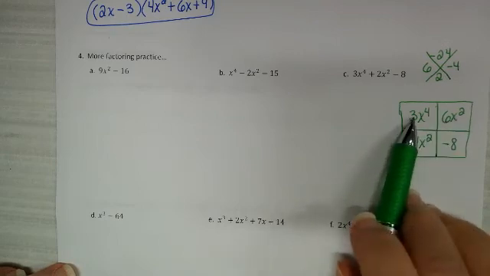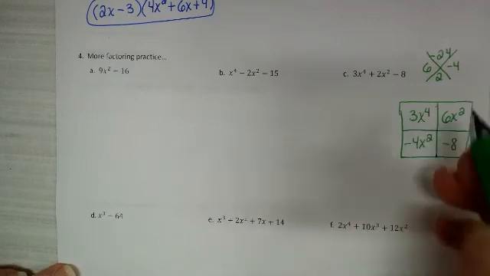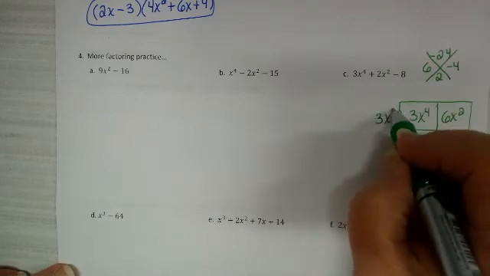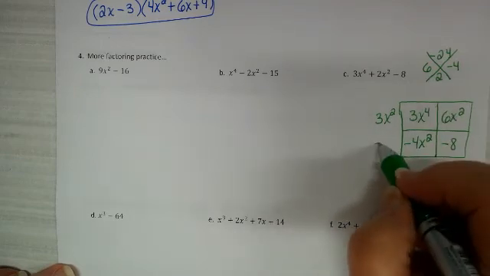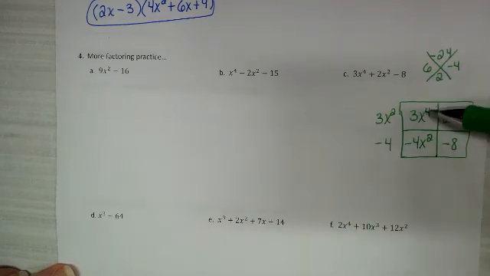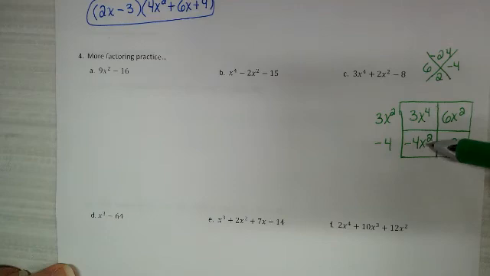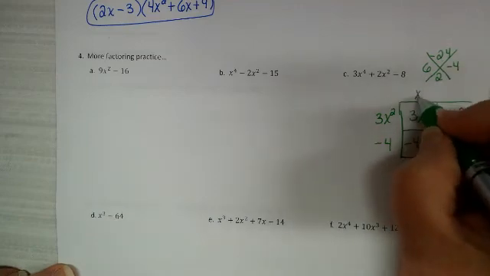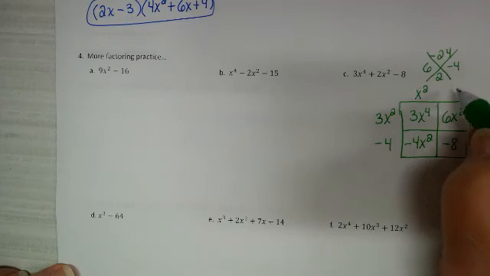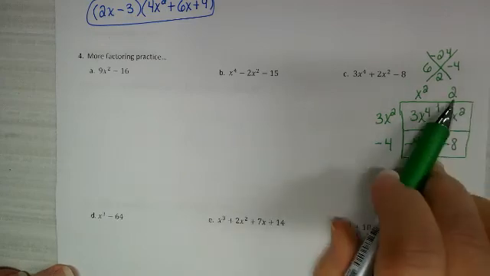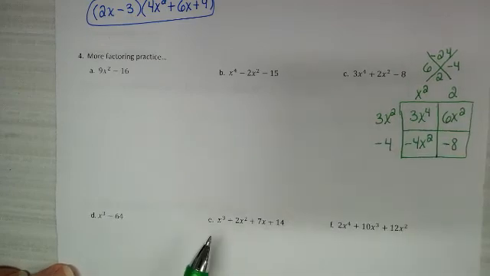And we'll just take out our common factors like we always do. On the top row, they both have a 3, and they both have an x squared. On the bottom row, I'm going with negative 4. First column, I think it's x squared. And the second column, I'm going to go with a 2, because 2 times negative 4 is negative 8.